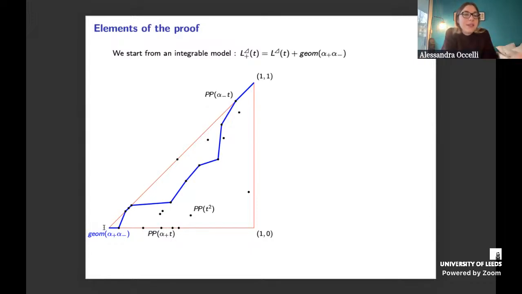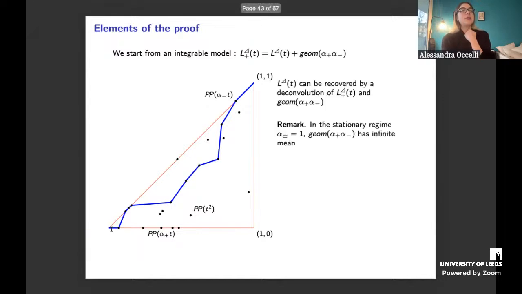The random variables in the bulk generate these Poisson points, but the random variable in the origin will stay the same. We take this model, and we observe that the model you're interested in can be obtained by deconvoluting this L plus, so this model, and the geometric random variable.